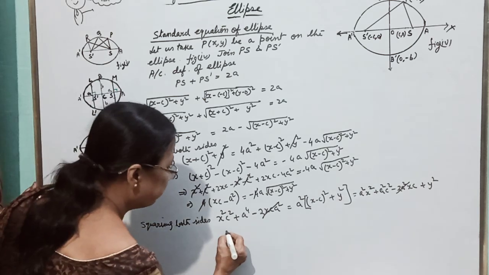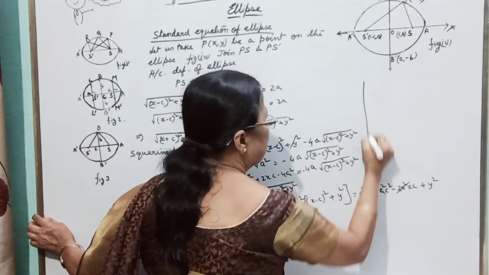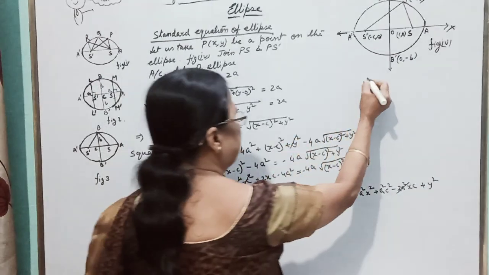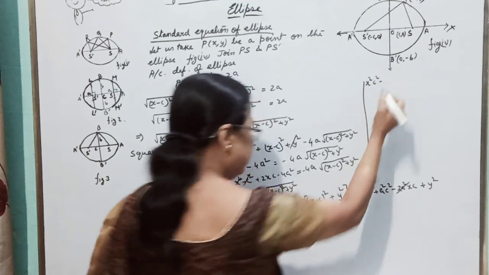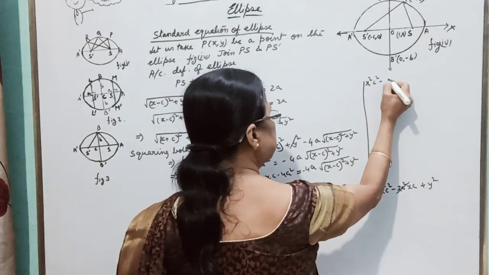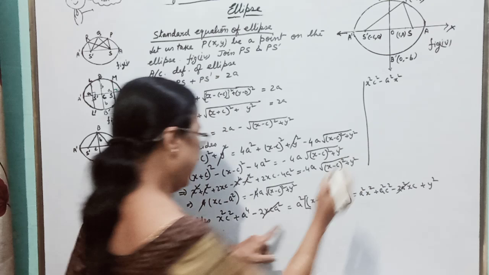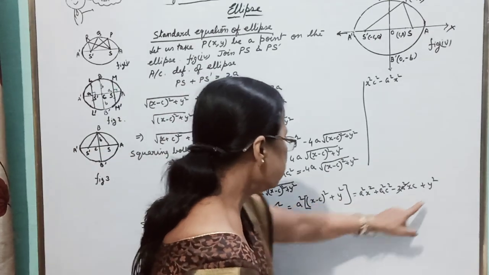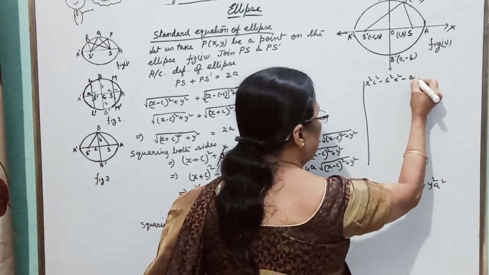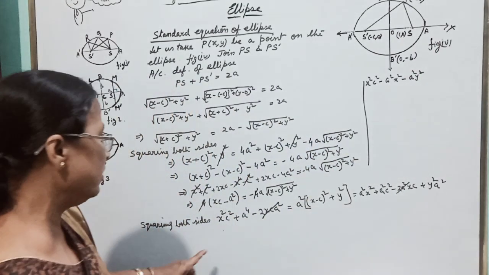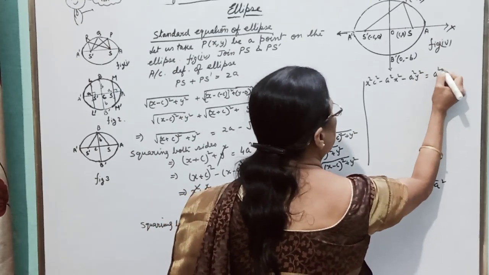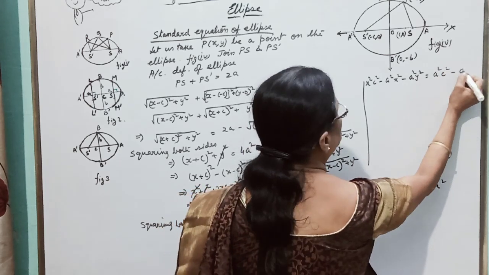So I can write here, after this, taking x square common: x square c square minus, I have taken from RHS to LHS, this minus a square x square, and here y square into a square, minus a square y square, and this is equal to a square c square minus a to the power 4.